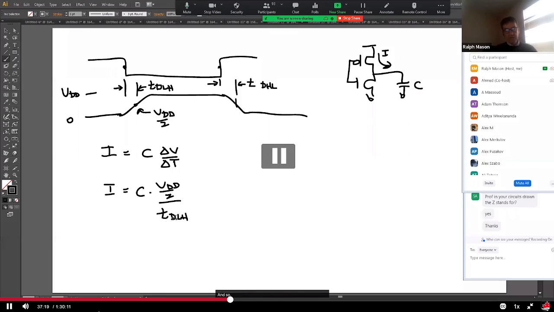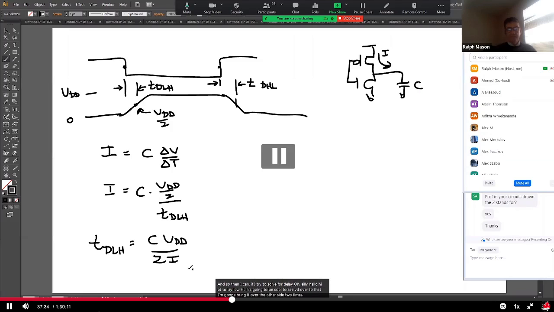And so if I try to solve for T delay low high, it's going to be equal to C VDD over 2, and then I bring the I over to the other side, 2 times the current. So now I have a simplified expression for the delay in this circuit, charging this capacitor, and it's the same for T delay high low.